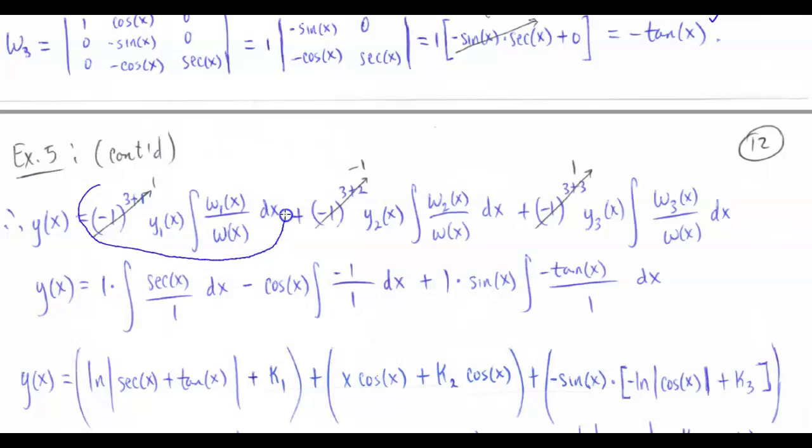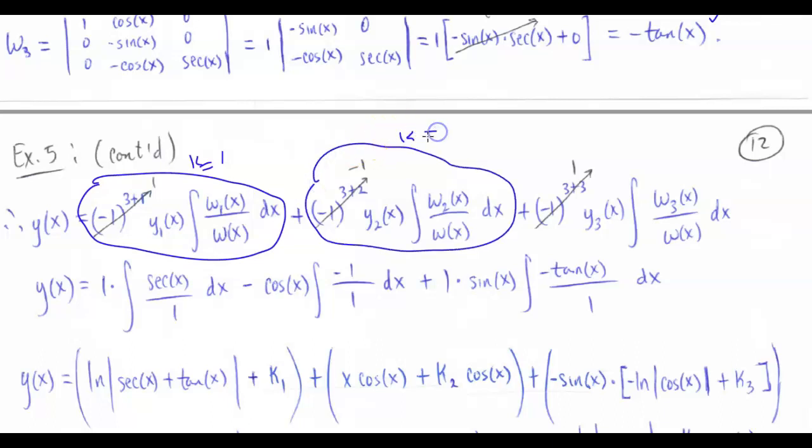This is what it looks like when k is equal to 1. This is what it looks like when k is equal to 2. And this is what it is when k is equal to 3.